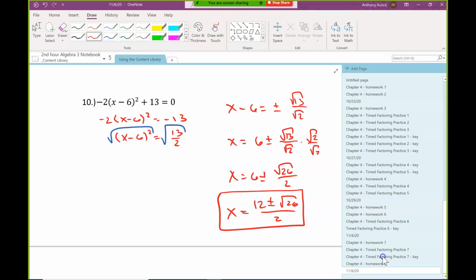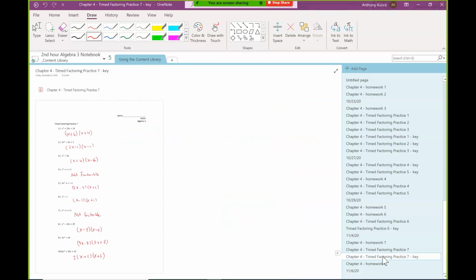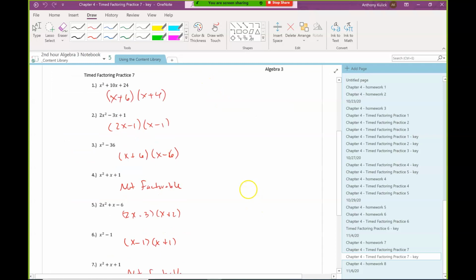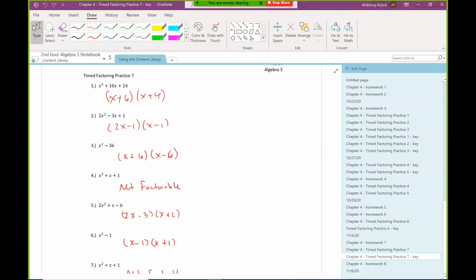Let's run through the answers here. You guys, again, check your own. Again, there's no penalty for not finishing or getting things wrong or any of that. This is just practice for you. So here's the first 6 or so.